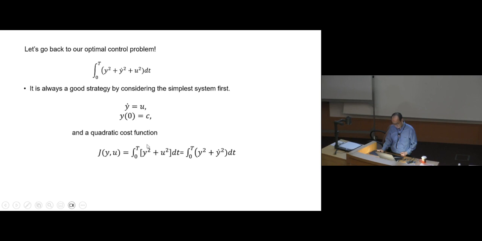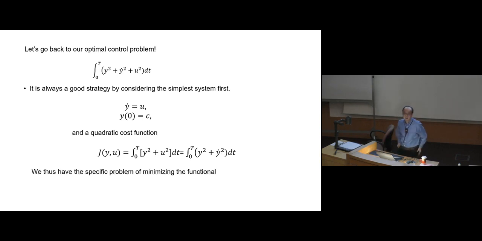So this one, we don't need the y dot because u is y dot. Therefore, we just minimize the integral of y squared plus u squared. But u is y dot, so it's y squared plus y dot squared. That's a very specific minimization problem.